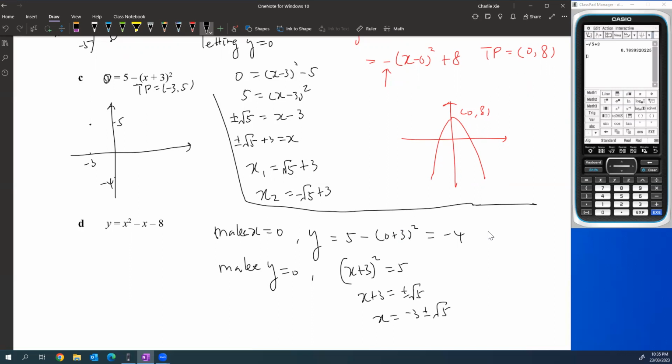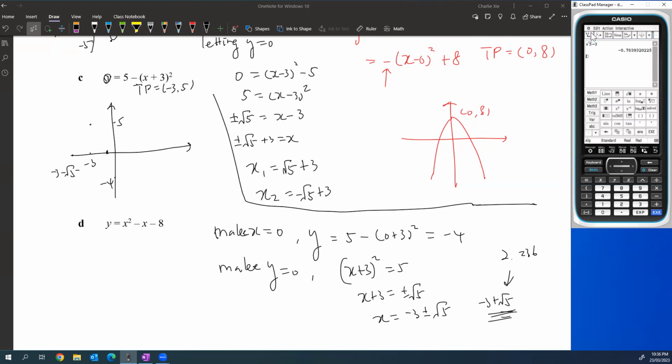Okay, so -3 minus root 5 is definitely negative. So somewhere here. And now what about -3 plus root 5? This is still going to be negative because root 5 is roughly 2.236, so it's less than 3. So it's going to be a number less than 0. Of course, you can use your calculator to check that.